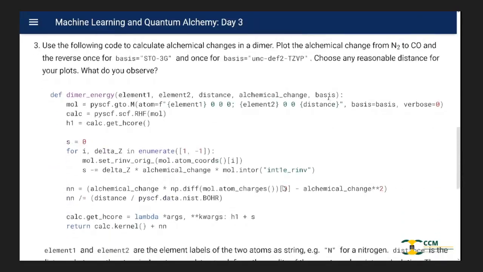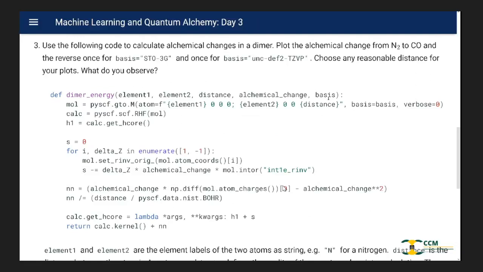So far, there was a preparation on how to do numerical derivatives in quantum chemistry applications. Now, if you copy the new code here, you can do a chemical change. Now you're going to do quantum alchemy. And the code does the very same thing. It's just lengthy because it's a little bit harder to do chemical changes.